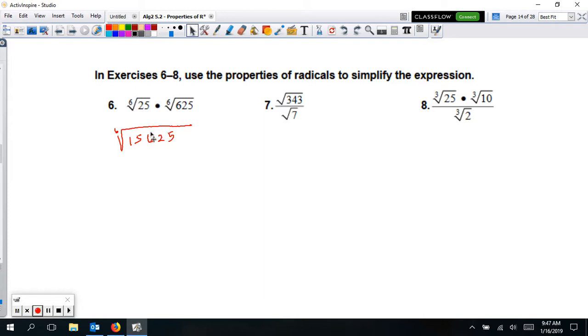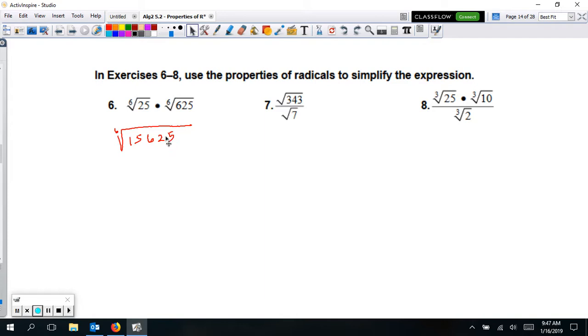15,625. And now we want to figure out, okay, is this something I can simplify here? Is this a perfect sixth root? Possibly it is. Maybe it's not. So we could figure that out and try some numbers. I would try 5 first of all, because obviously 2 can't go into this. 4 is probably not going to go.